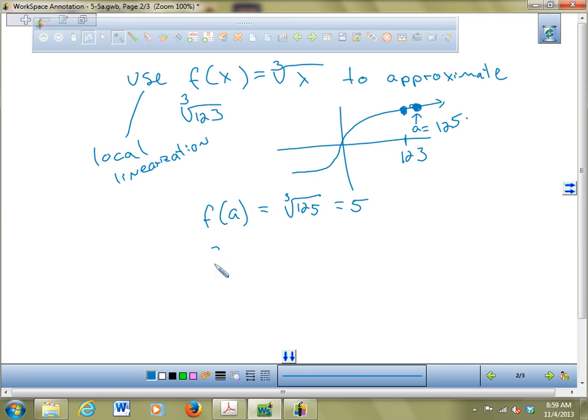So I have to take f prime of x, and f prime of x is 1/3 x to the negative 2/3, right? I subtract my exponents from x to the 1/3.